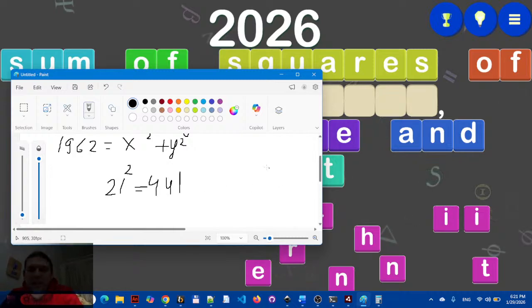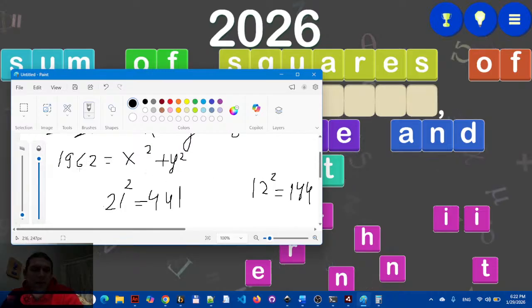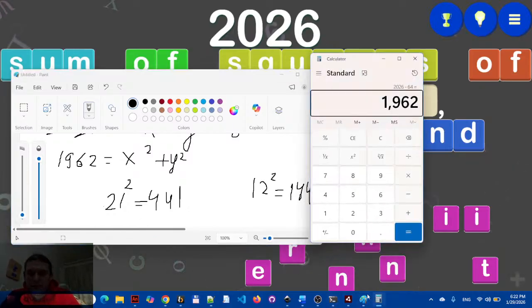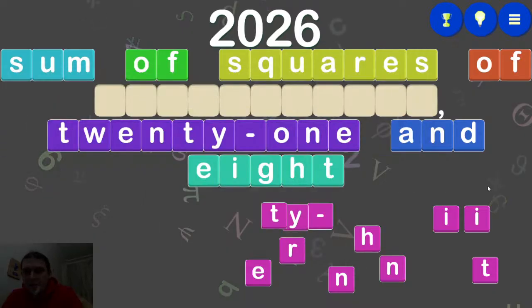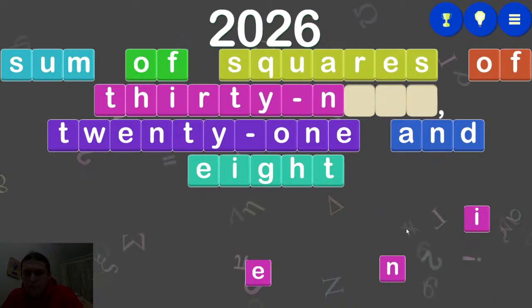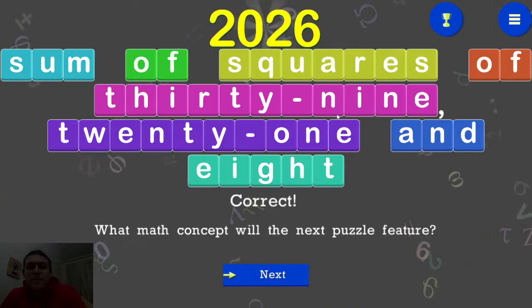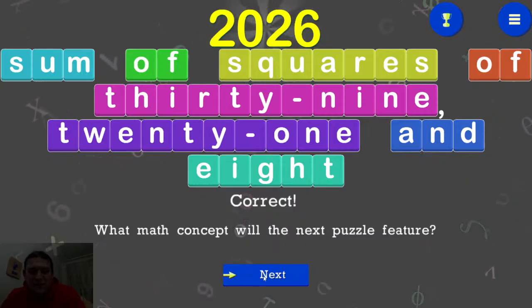It is very interesting that 12 squared is 144 and 21 squared is 441. It's not usually this way, but for these two numbers, it's this way. So 1962 minus 441 is 1521, and we get square root 39. So the other number is 39. So this is how these puzzles work. It's a combination of mathematics and language and letters.